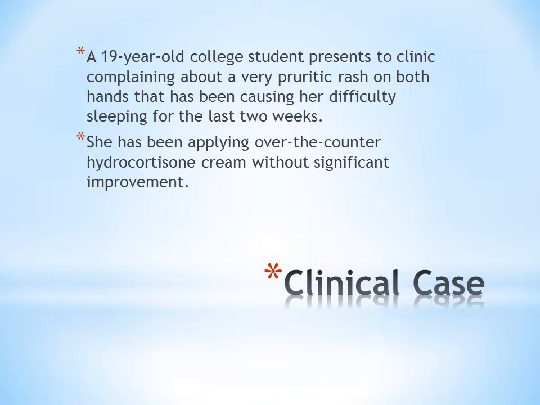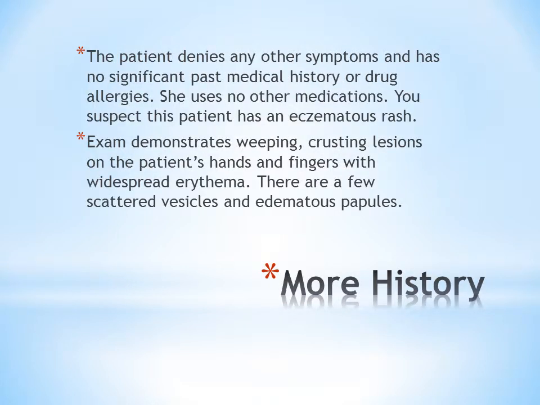So this case, a 19-year-old college student who presents to your clinic complaining of a very pruritic, remember pruritic is itchy, rash on both hands that has been causing her difficulty sleeping at least for the last 2 weeks. She has been applying over-the-counter cortisone cream without significant improvement. She denies any other symptoms and has no significant past medical history or drug allergies.